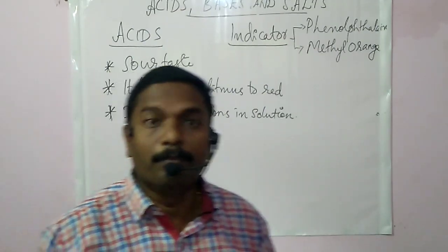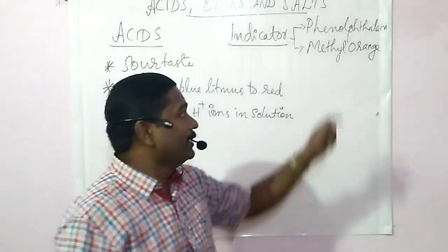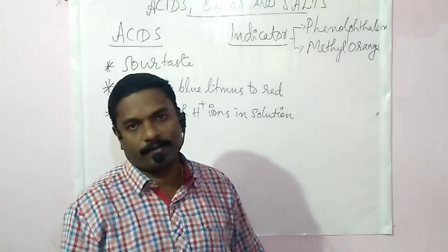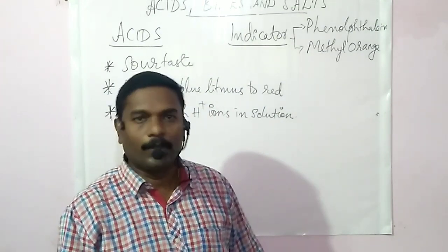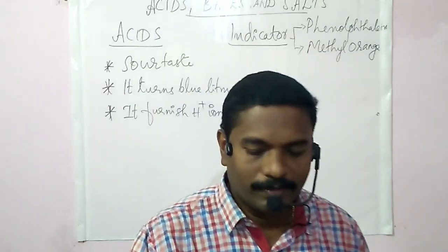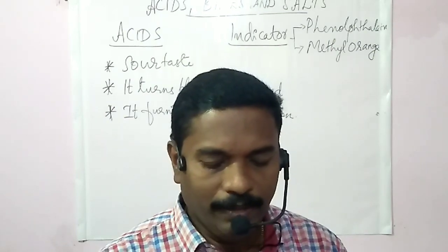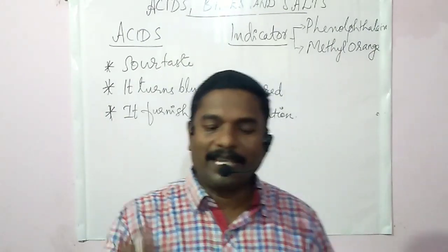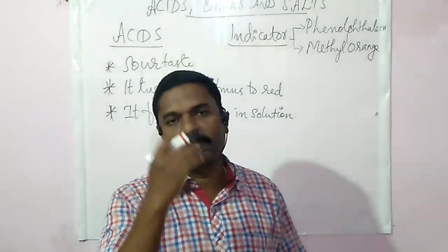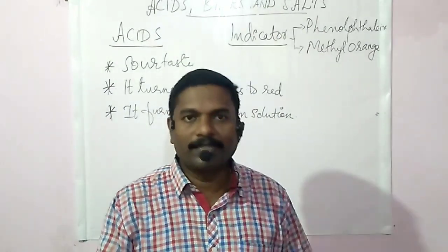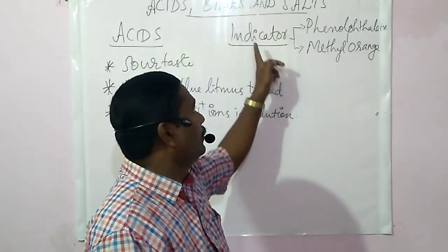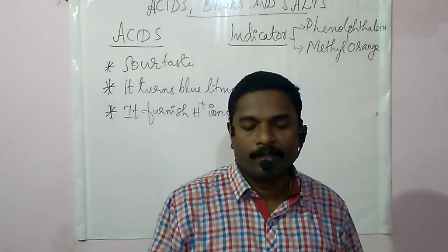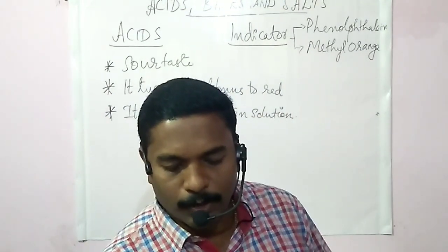Phenolphthalein and methyl orange, the two synthetic indicators. Okay, then let us do an activity in order to study the chemical and physical properties, generally here the chemical properties of acids. Let us discuss activity 2.1.